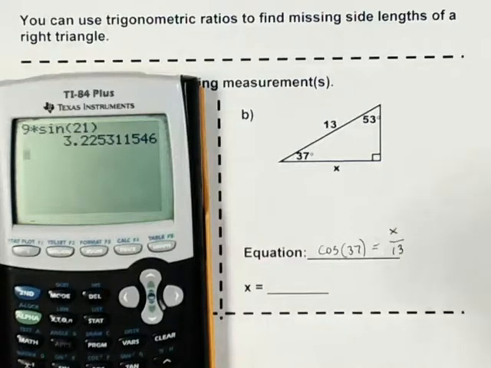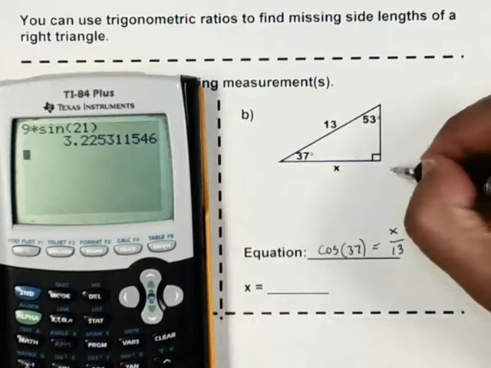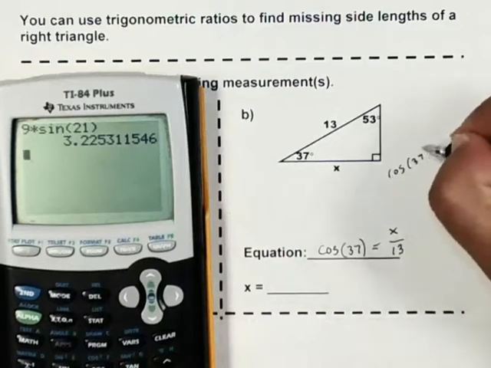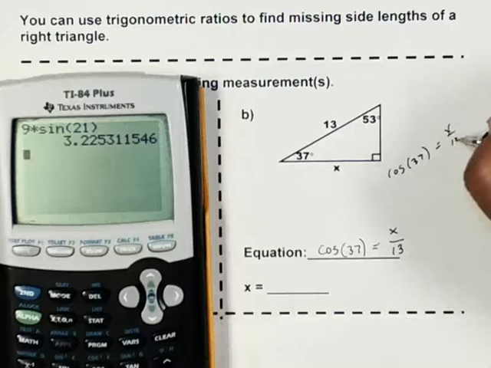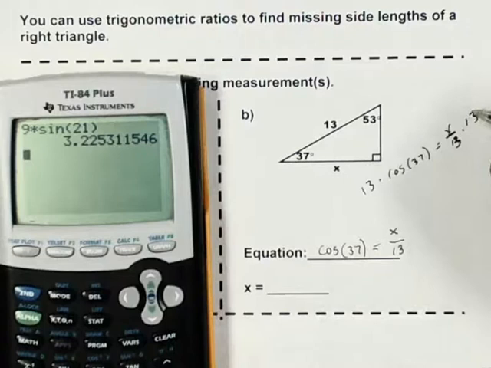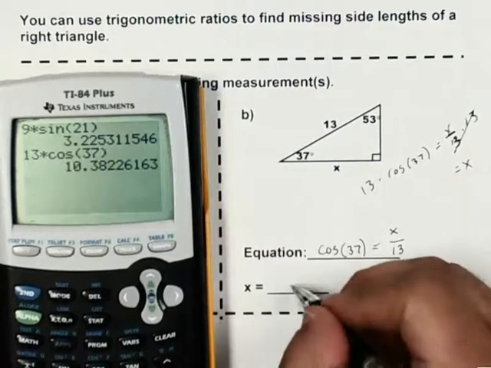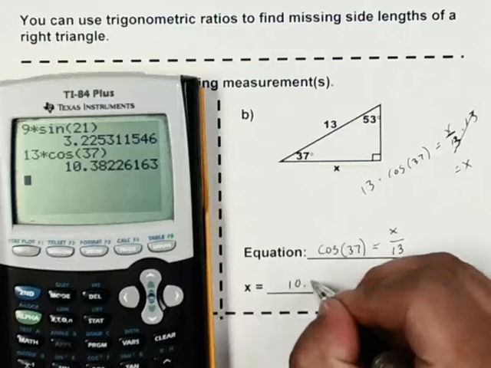So cosine of 37 is equal to x over 13. I want to get rid of my denominator, so I multiply both sides by 13. And those factor away. x is going to be equal to 13 times the cosine of 37 degrees. All right, rounding to the nearest hundredth place, that's going to be 10.38.